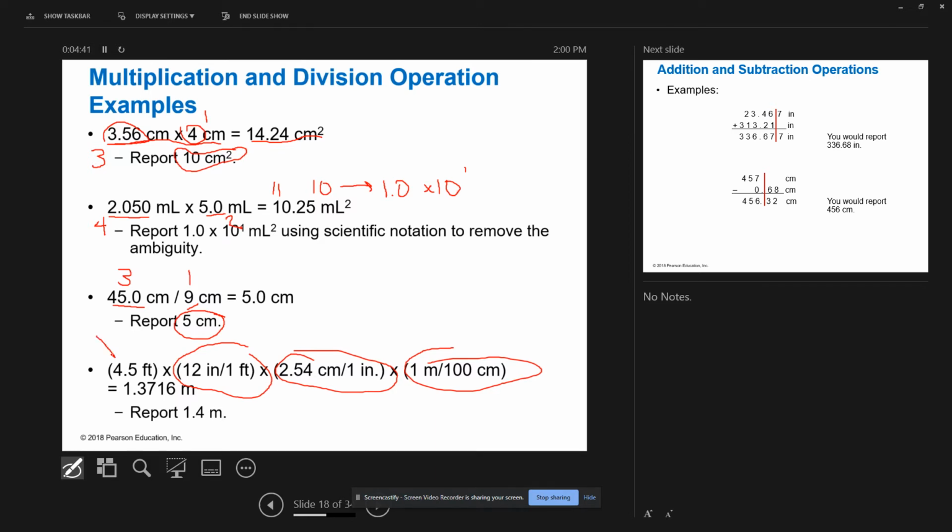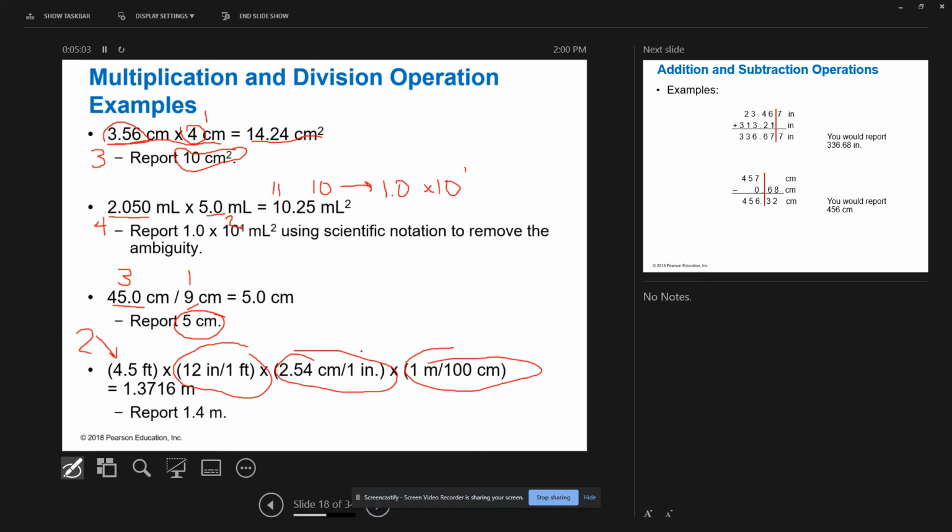The only one that does is what I'm starting with, the 4.5 feet. So I have two significant figures there. So there should be 2 in my answer. When I multiply across the top and divide by the bottom, this is what I get. So I would round that to 1.4 meters.